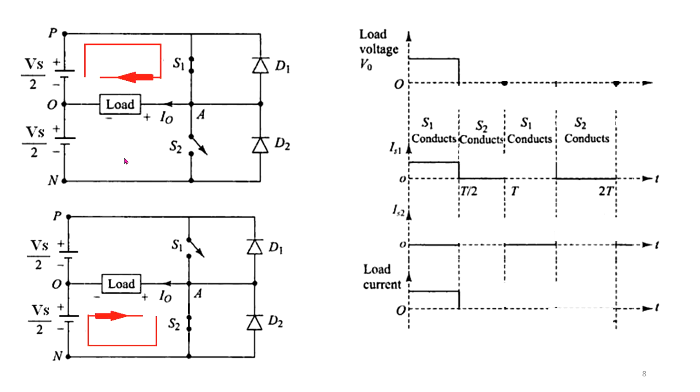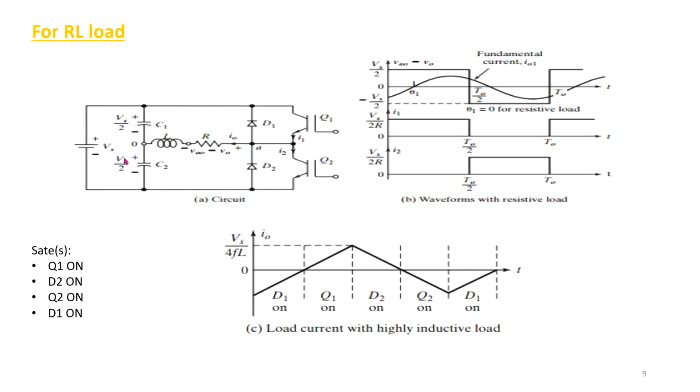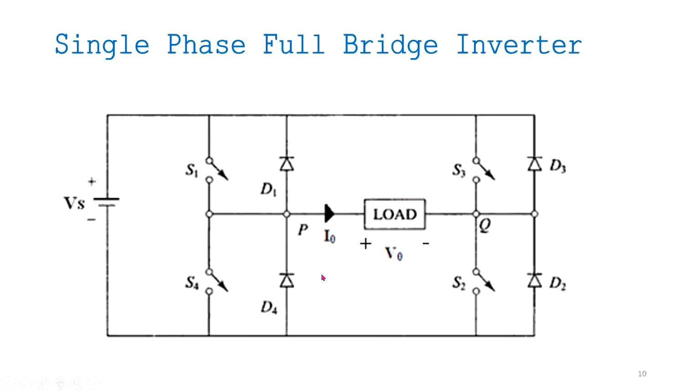However, the direction of the current through the load is inverted, and so is the voltage across the load. If we connect a very highly inductive load, it will smooth out your output current. As you know, the inductor won't allow the current to change abruptly, so it will be like a triangular waveform.